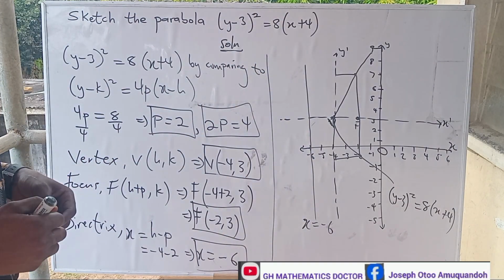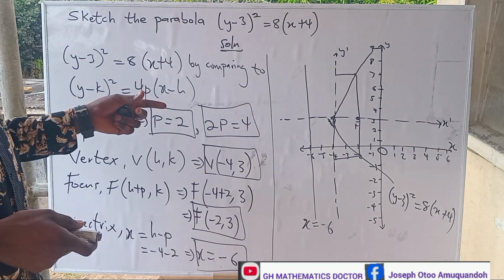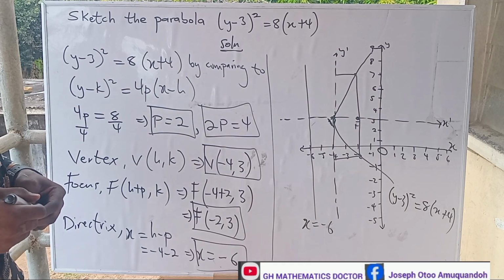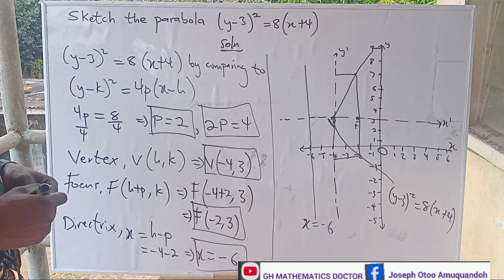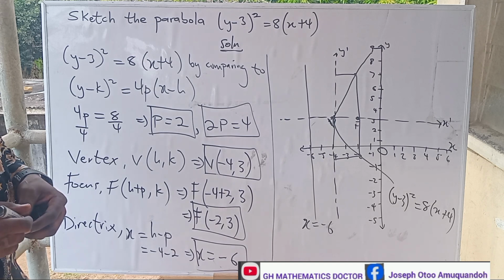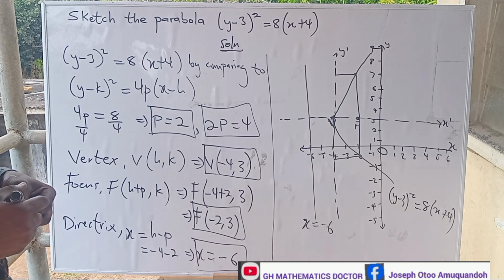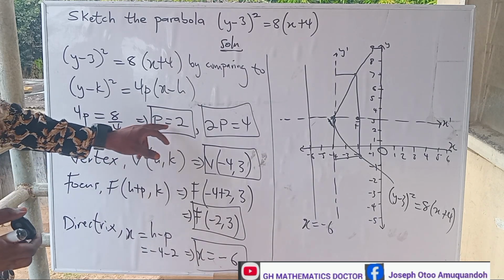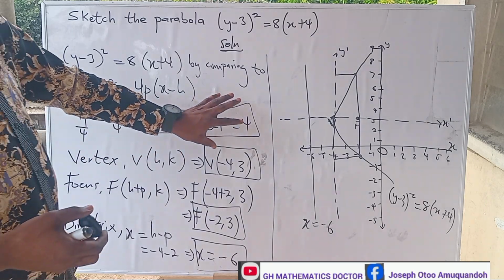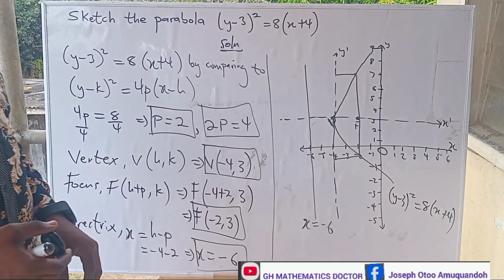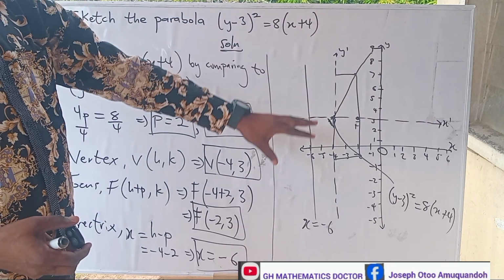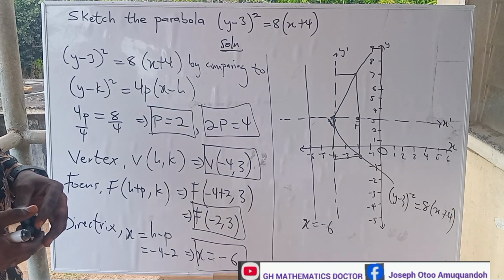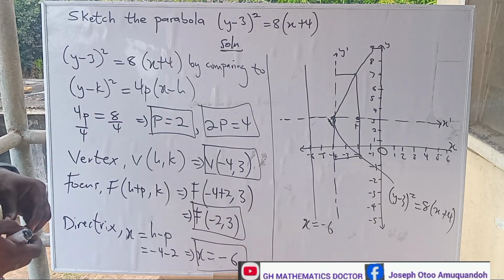All right, so this is how a parabola can be drawn from any given question concerning the orientations of parabola. First, you need to find the value of p and your 2p. The 2p will give you the extension of the graph at both ends to the other axis of the parabola.